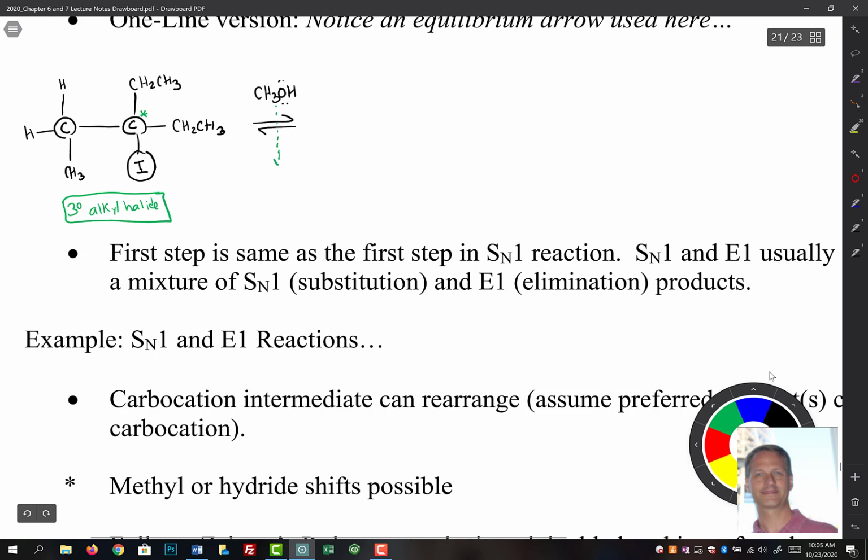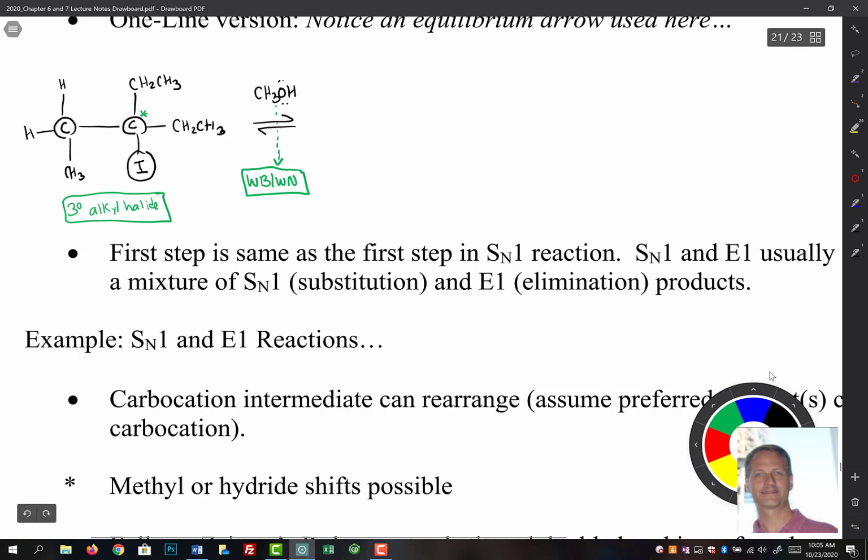This is a weak base. It is also a weak nucleophile. So weak bases are not going to facilitate an E2 reaction, right? So you've really narrowed your choices, and you've eliminated SN2 and you have eliminated E2. So what remains is E1 and SN1, and you'll get both here.